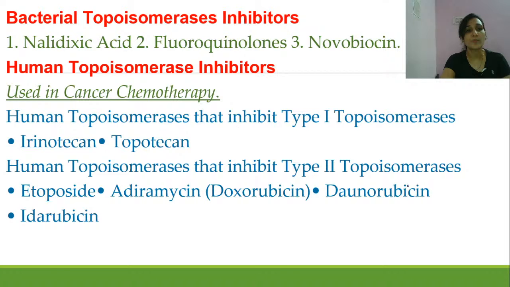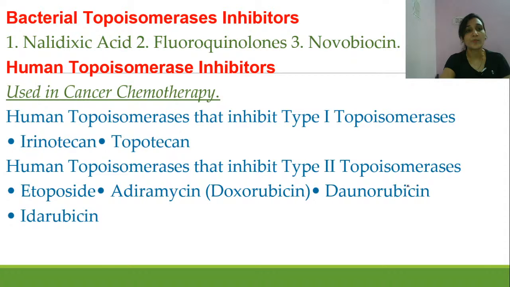And human topoisomerase inhibitors are very important for chemotherapy. The ones used for inhibiting type 1 topoisomerase are Irinotecan and Topotecan.